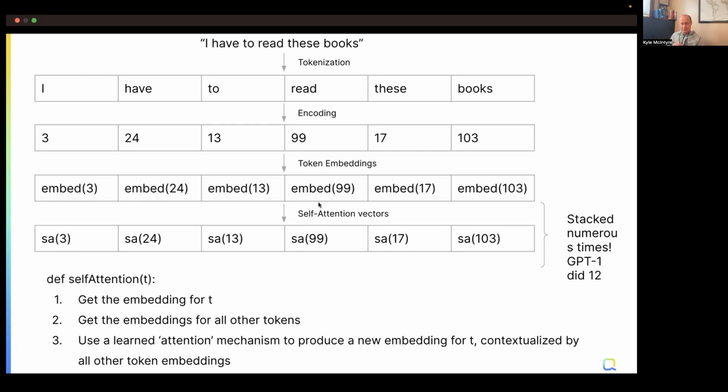But then you're going to start to do these things called self-attention vectors, where it would actually be the self-attention of the embedding of 3. I have some pseudocode here for those of you who can put up with that.